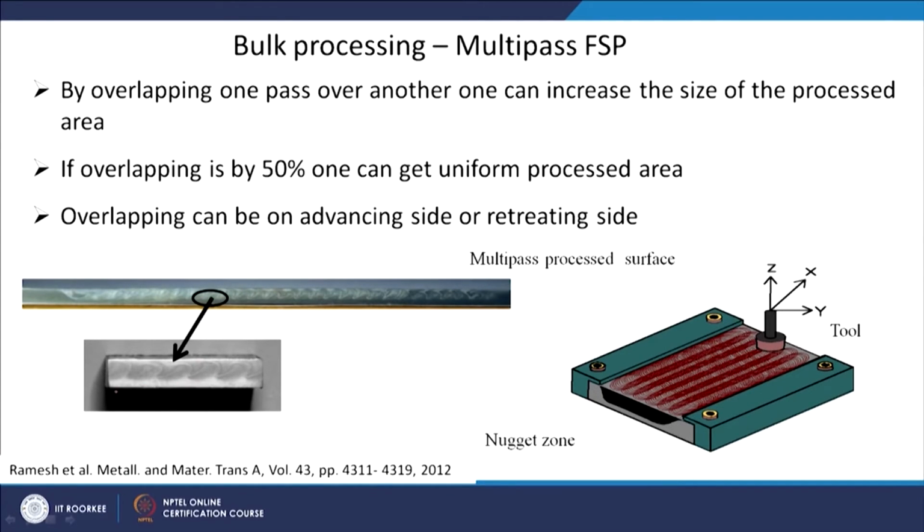And if you see a smaller sheet, the effect of individual passes can be seen on the microstructure. You can see that a bigger cross section or volume is processed using the bulk processing technique here. So, you can easily extend the FSP technique as a bulk processing technique by doing multiple passes.